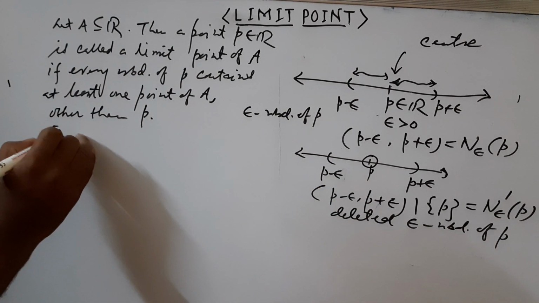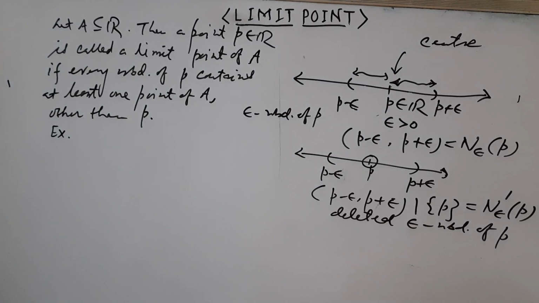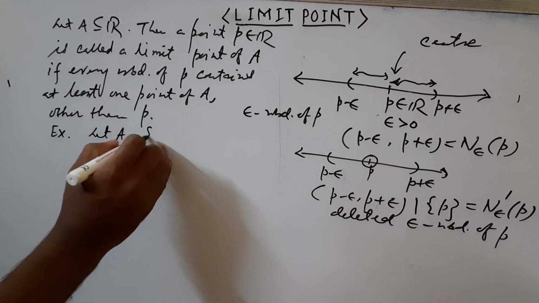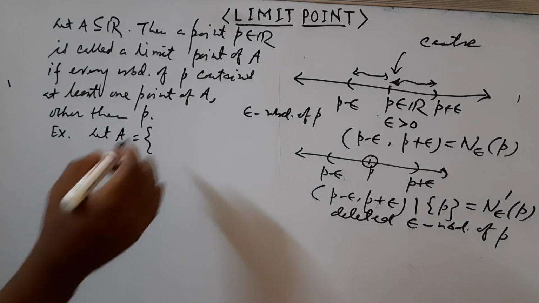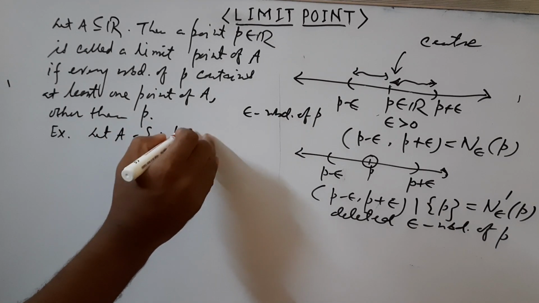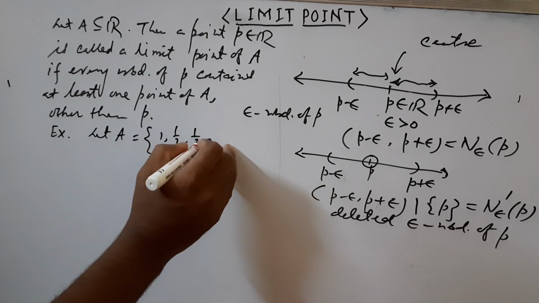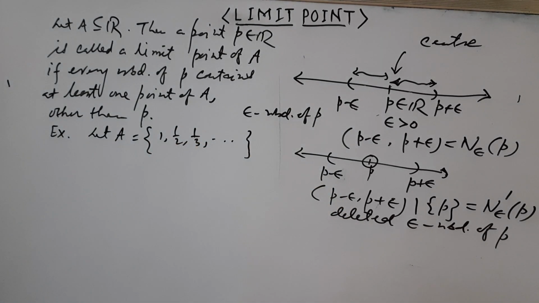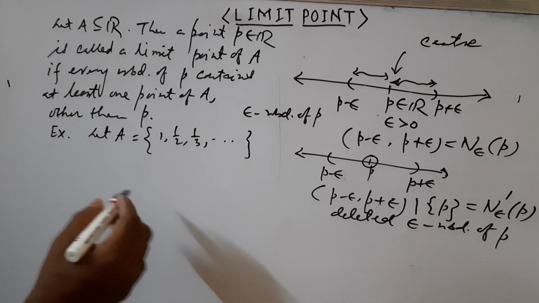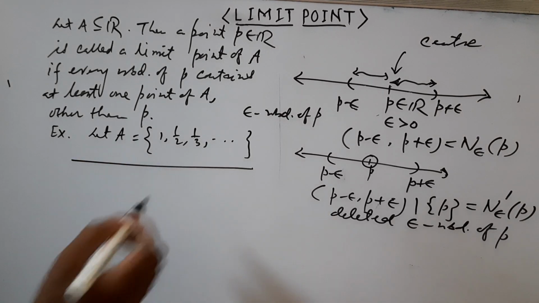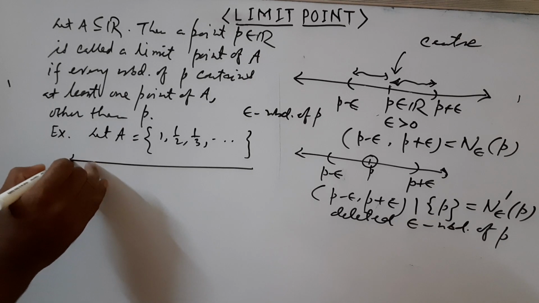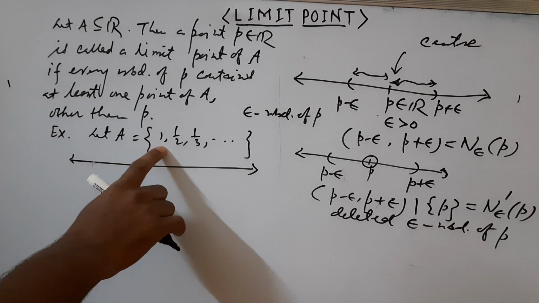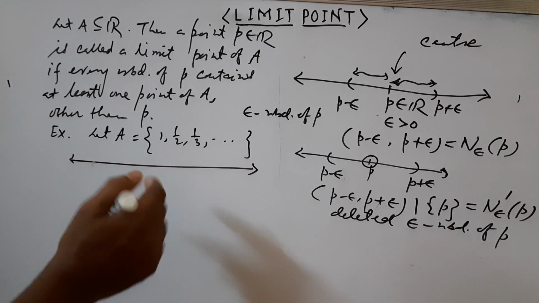So let us take this example. Let A be the set containing the elements 1, half, 1 by 3, etc. Now we sketch the real line, and we try to plot these points of the set on this line.